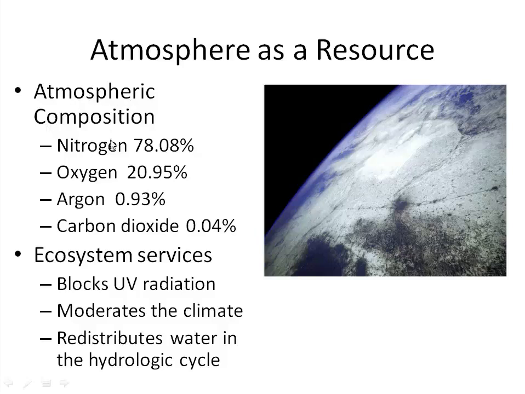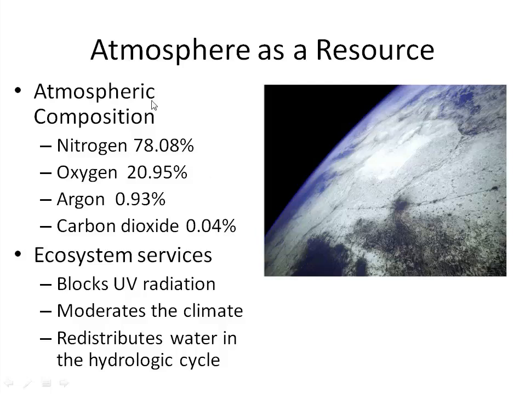So here, the normal atmospheric composition of nitrogen is around 78%. Oxygen in the atmosphere is around 20 to 21%, argon gas contribution is around 1%, and carbon dioxide around 0.04%. These are the normal constituents of atmospheric air.